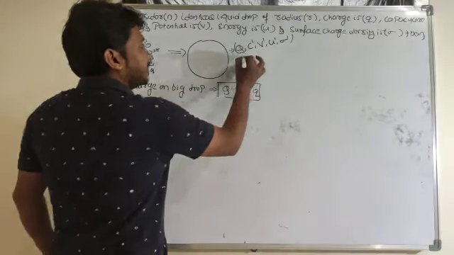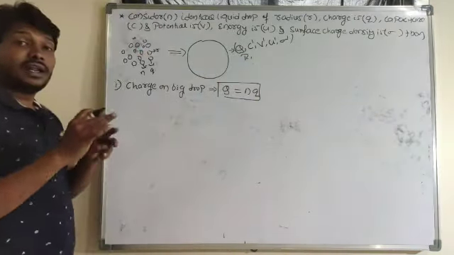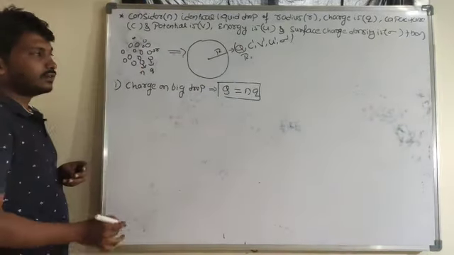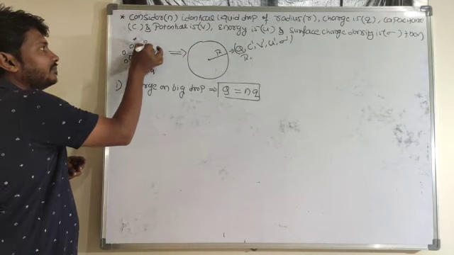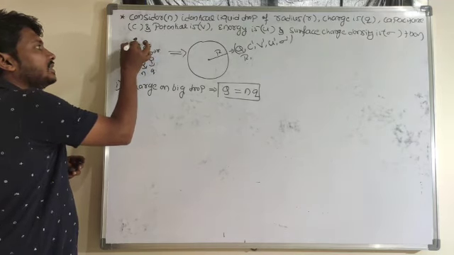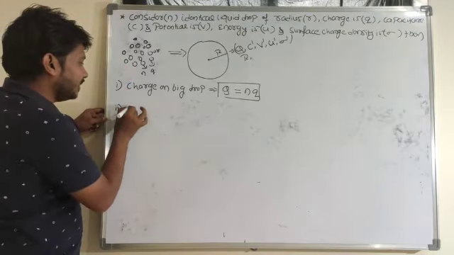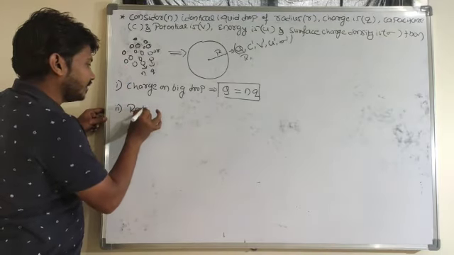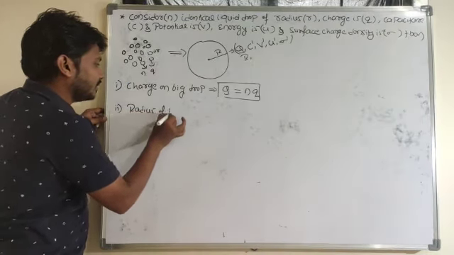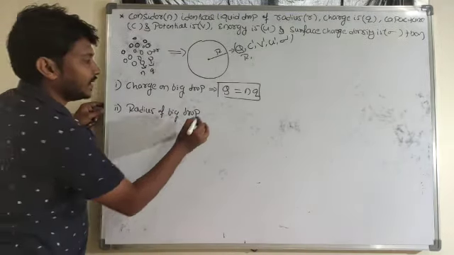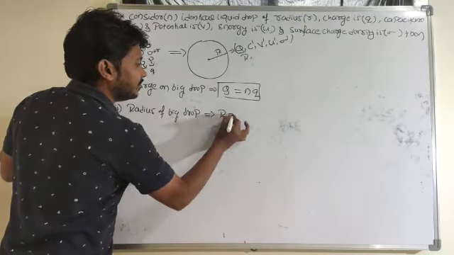Now I want to find out the radius of the bigger drop. Let capital R be the radius of the bigger drop and small r be the radius of these small drops. So the radius of the big drop is nothing but R here.